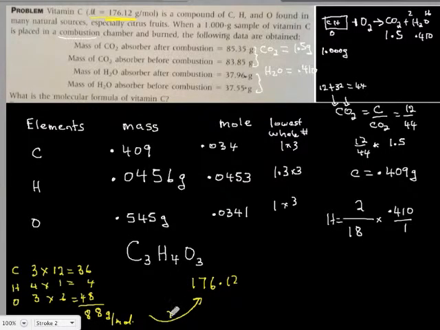You're allowed to round a little bit, so this is almost double. Because the molar mass is almost twice the molar mass of the empirical formula, the molecular formula will be double the number of moles. So C6H8O6 is the molecular formula.